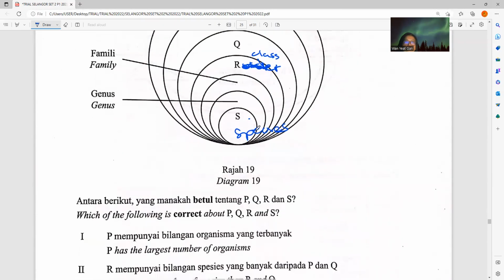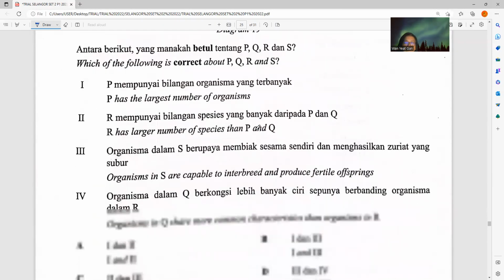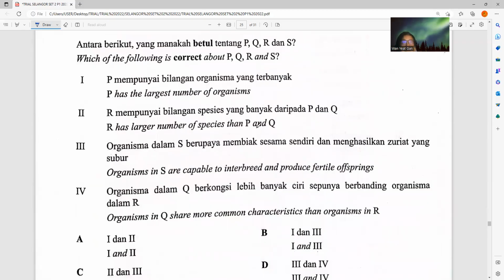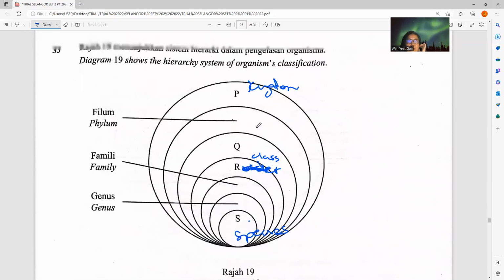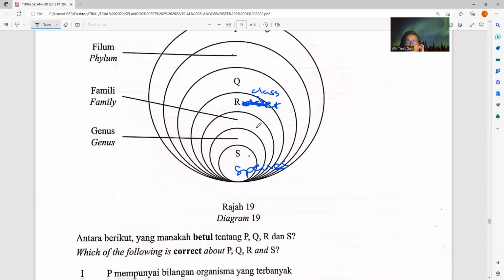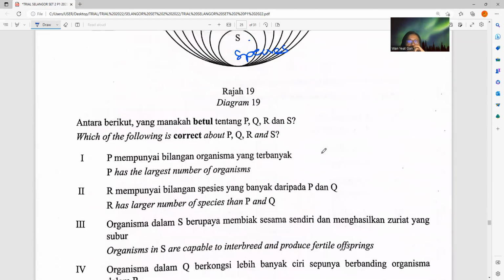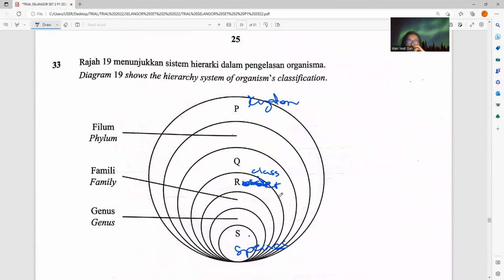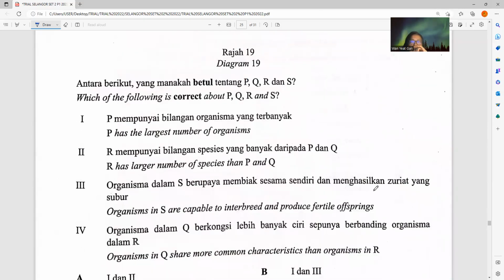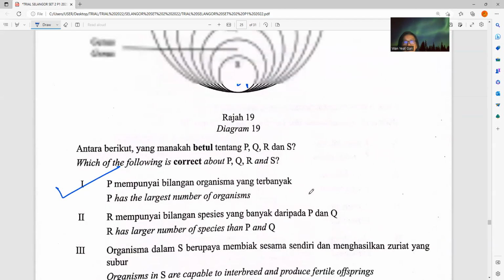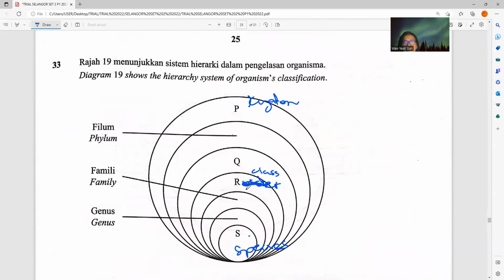Next, let's see the question. Which of the following is correct about PQRS? Okay, so here, the first one is P has the largest number of organisms. So P is the kingdom. Yes, correct. It has the largest number of organisms. R has a larger number of species than P and Q. That's not true.